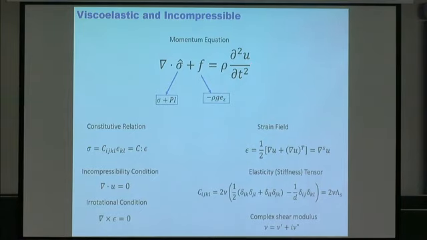And what can go along with this is a constitutive relation for the deviatoric part of the stress, where you have your elasticity tensor. You'll have a strain field, where we're defining this symmetric gradient just as the gradient of the displacement plus the transpose of that gradient times 1/2. We'll have an incompressibility condition. It's incompressible. And this is the form that C in particular will take for the work that we're doing.